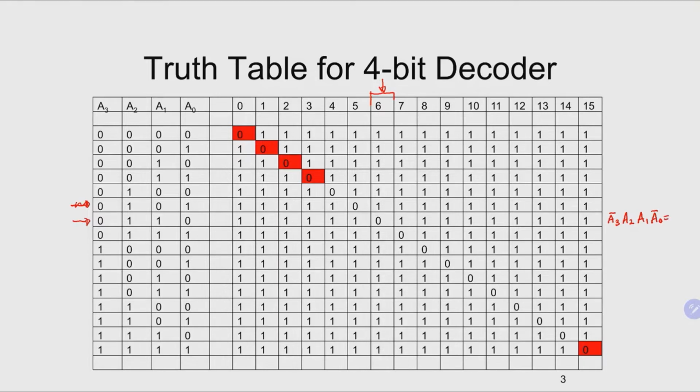Which means that output 6 is high. So if we want the output 6 to be low, then we have to invert this product, and that gives us this output when the output 6 goes low and everything else is high.